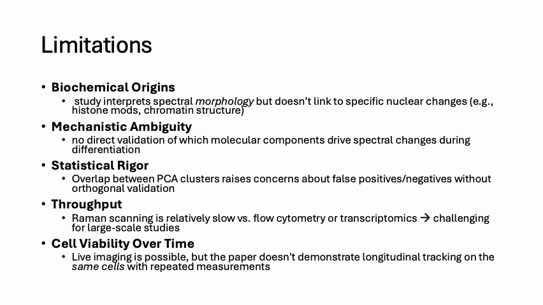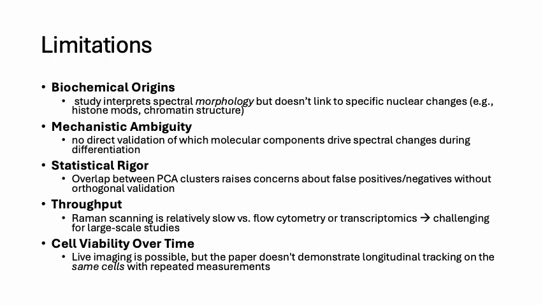And this is partly because Raman is inherently a global signal which captures many molecules simultaneously, and more targeted methods like fluorescence imaging of individual nuclear components or mass spec of extracted materials would be needed to pinpoint which epigenetic or protein changes directly drive the PC cluster shifts.